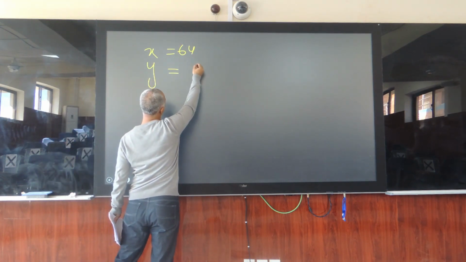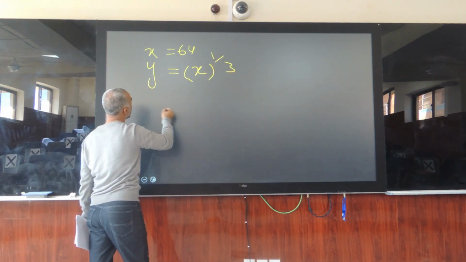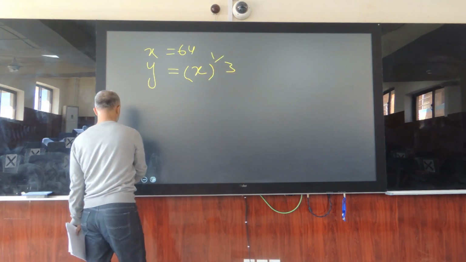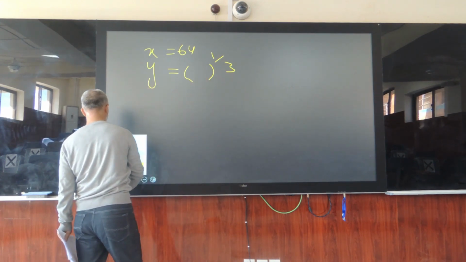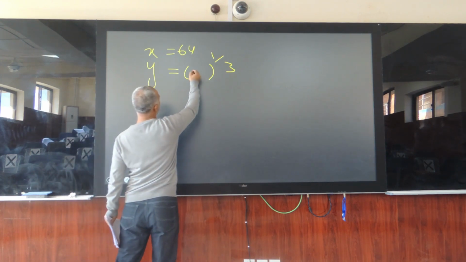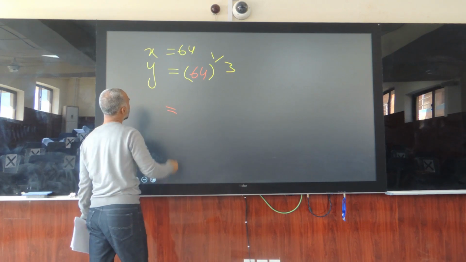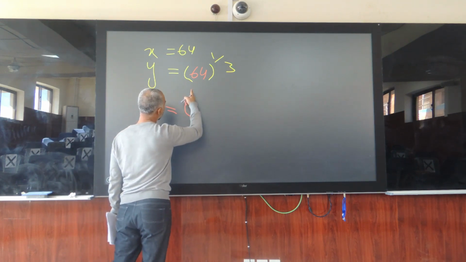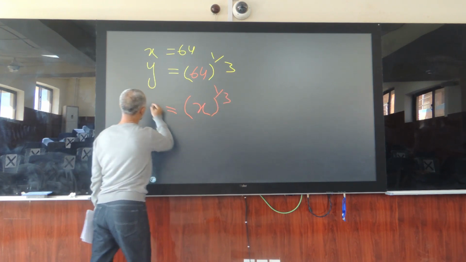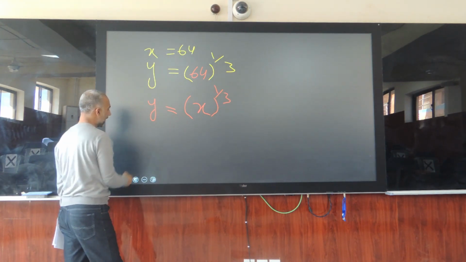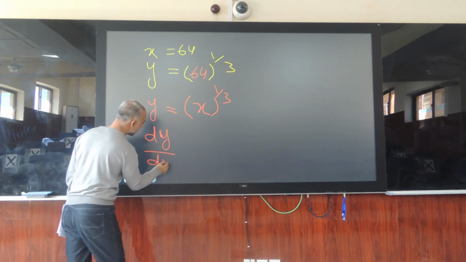So x to the power 1 over 3, or you can say we assumed 64. We are changing the derivative variable here, x to the power 1 over 3. So y differentiated with respect to x, we will have dy over dx.